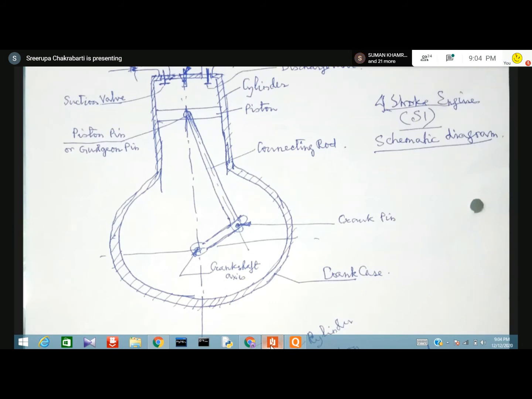One cycle consists of many operations: suction of the gas, compression of the gas, spark production, ignition, combustion, power generation, exhaust. Then again suction starts. So all these operations must be complete within 0.04 seconds. So because there will be 25 cycles in 1 second.